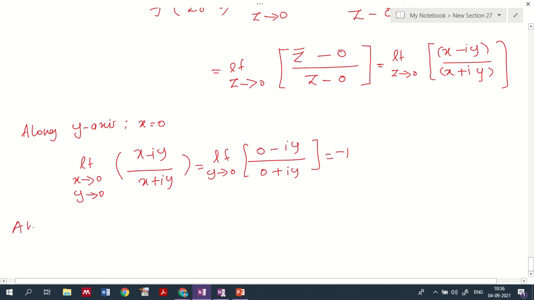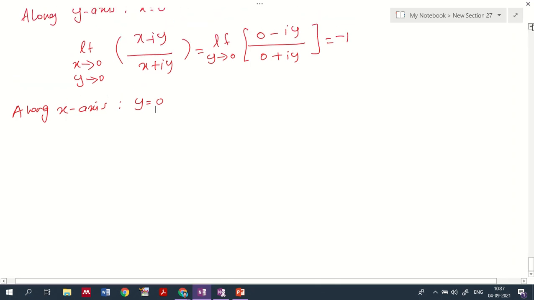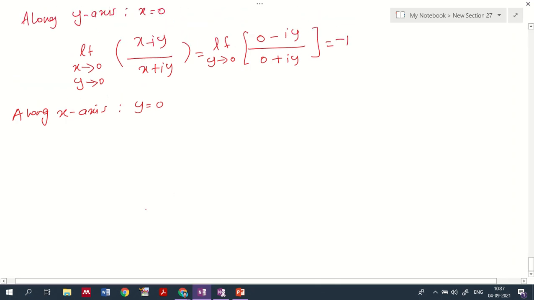And now along the x-axis, that means y will be equal to 0 in that case. So in that scenario, the limit will be equal to what?